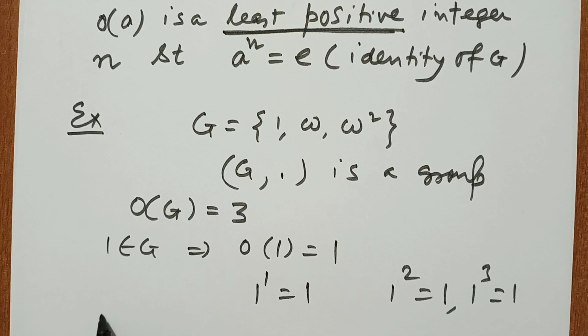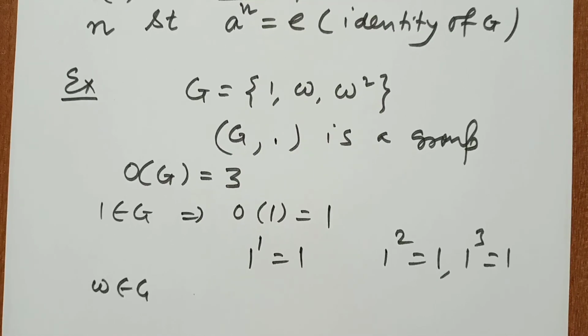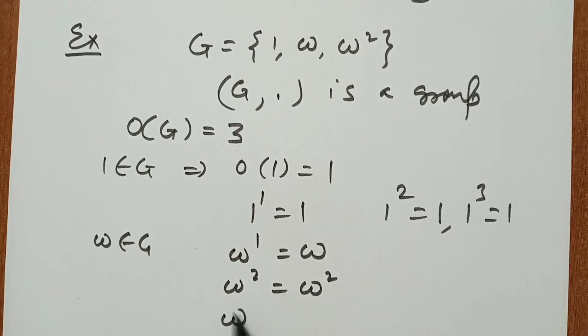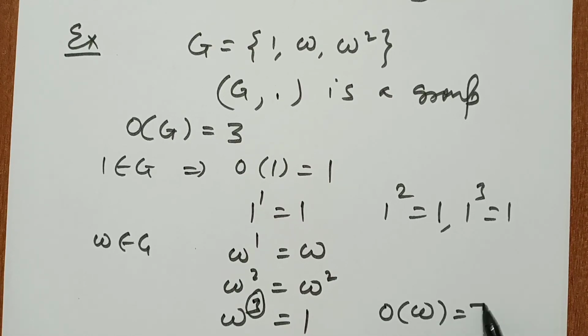Similarly, omega belongs to G. How do we calculate the order of omega? We start from 1. Omega to the power 1 is omega, omega square is not identity, and omega cube is equal to 1. When we get the identity element, that exponent is the order, so the order of omega is equal to 3.